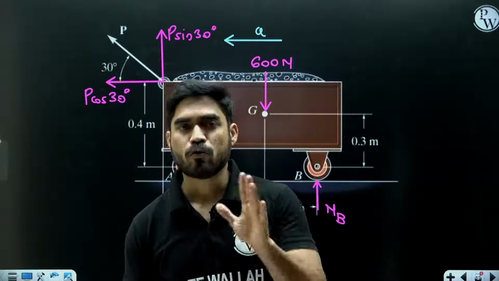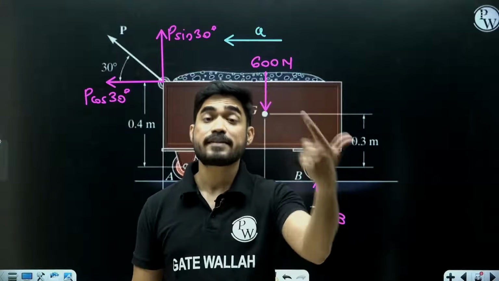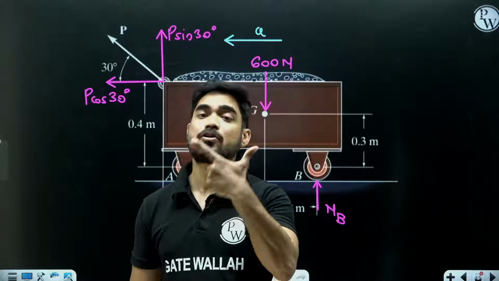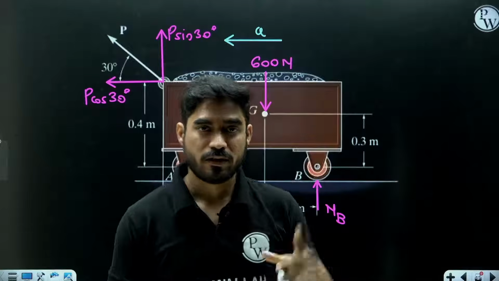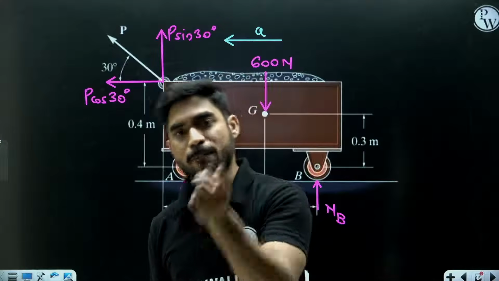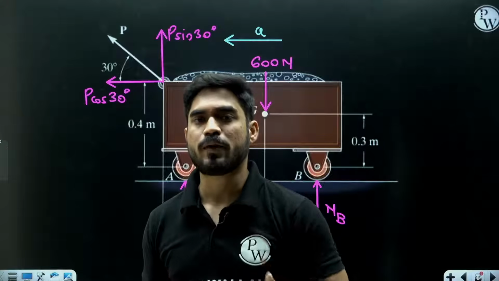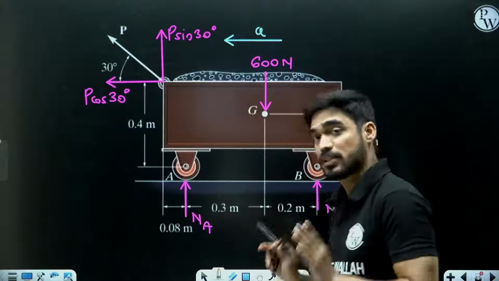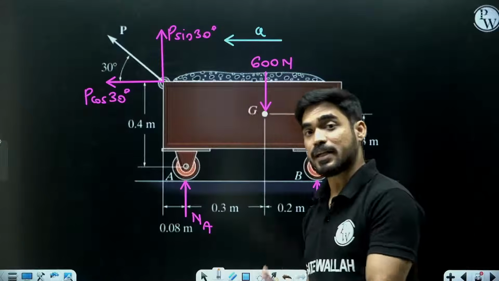Fixed point or center of gravity, no need to consider inertia force. But if you want to take moment about any other point which is moving, you have to consider inertia force.